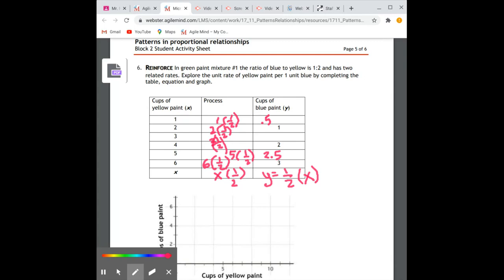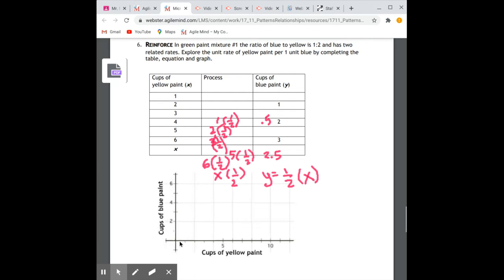So when we say how do the two graphs of green paint mixture 1 compare, what's going to happen when we're working with this graph? Because it wants us to do the cups of yellow paint to the cups of blue paint. So this is 0, 1, 2, 3, 4, 5.